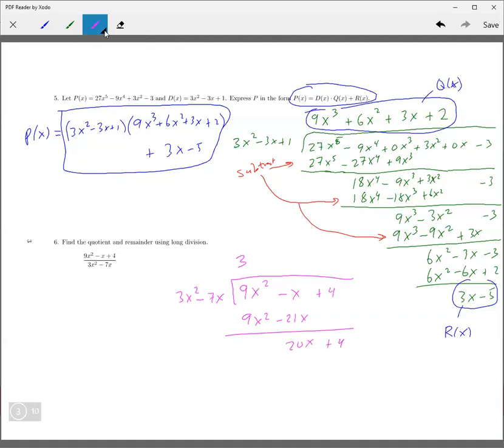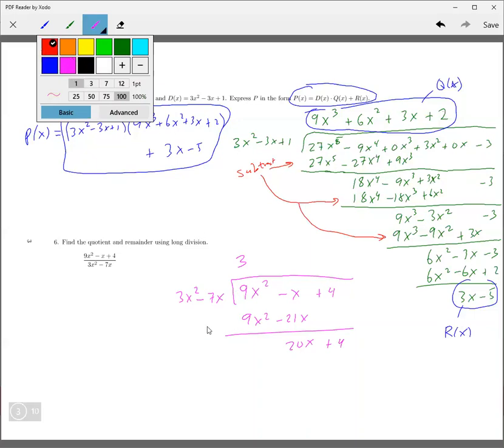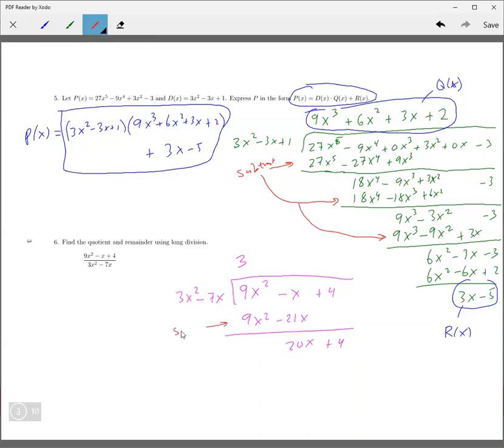Okay, so again, reminder to subtract. And then this is a lower power than that, so we're done with that part of it.